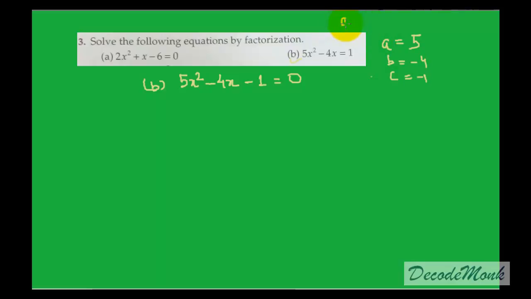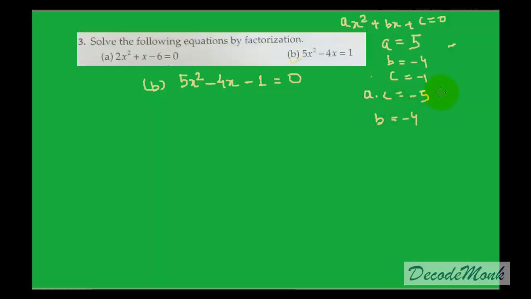Taking into account the standard quadratic equation, ax square plus bx plus c equals 0, here a into c will give you minus 5 and b is minus 4.